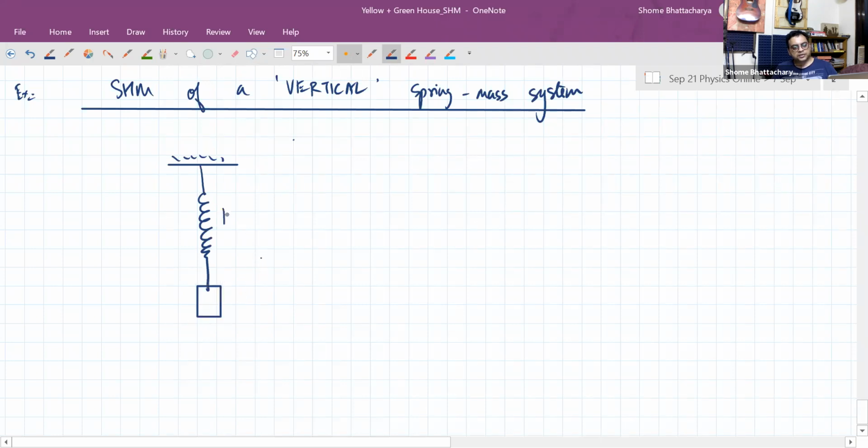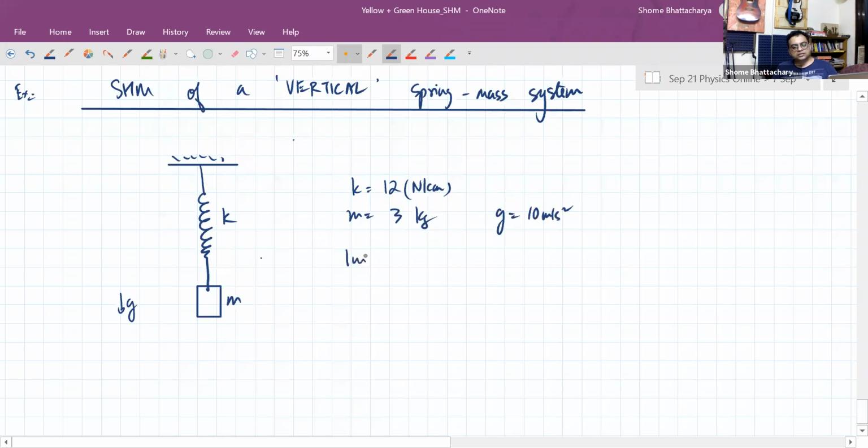Let's say we've got a spring of constant K attached to a block of mass M in a vertical situation. Spring constant is, let's say, given as 12 newtons per centimeter. The mass of the block is 3 kg, and we take G as 10 meters per second square.